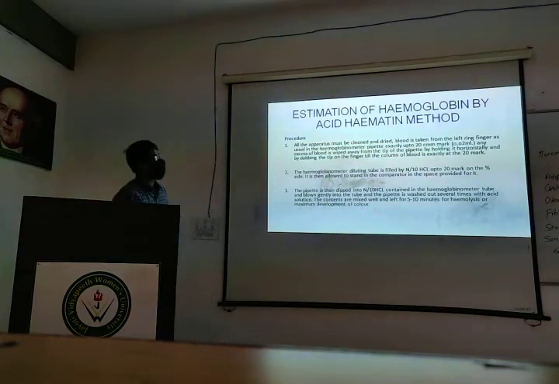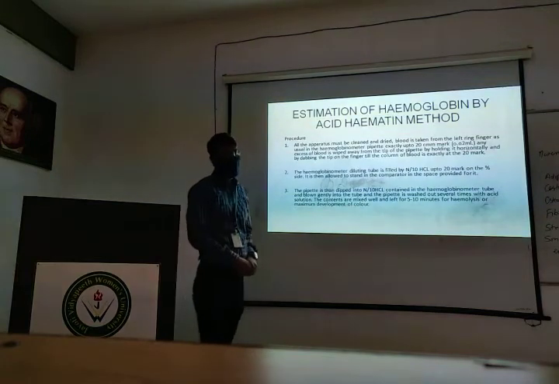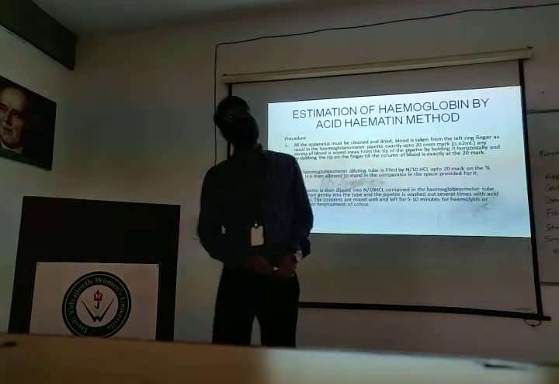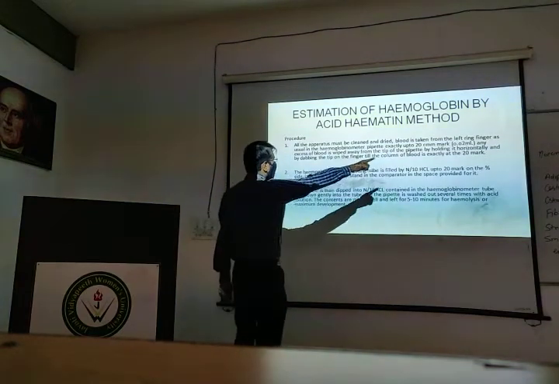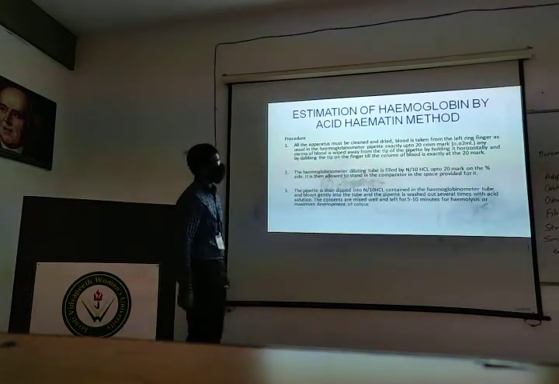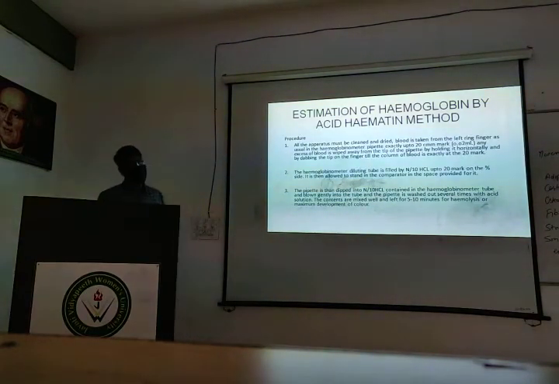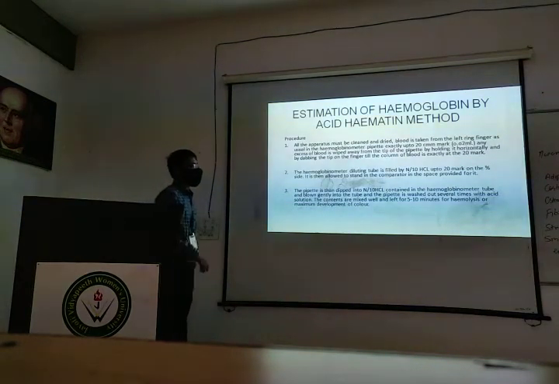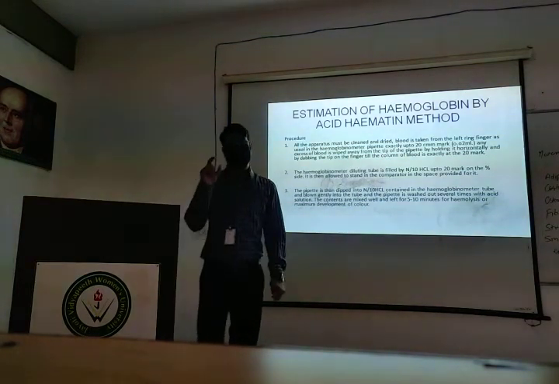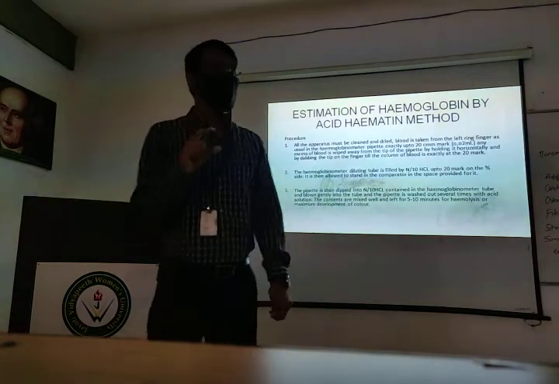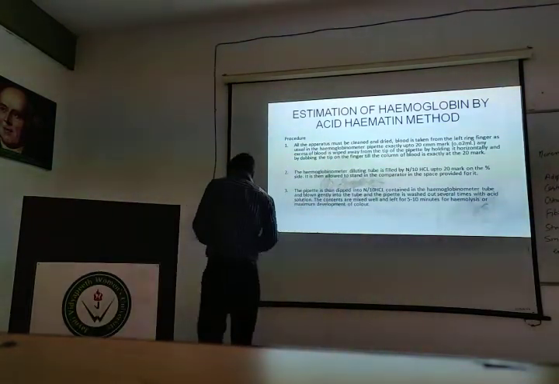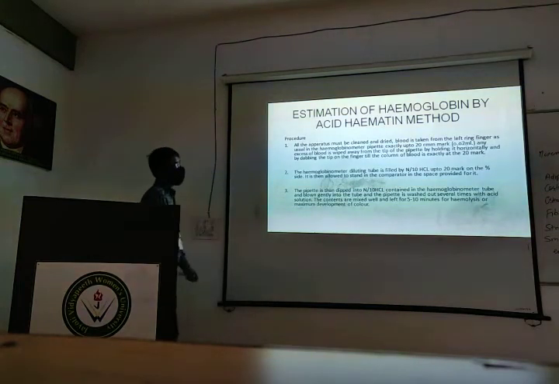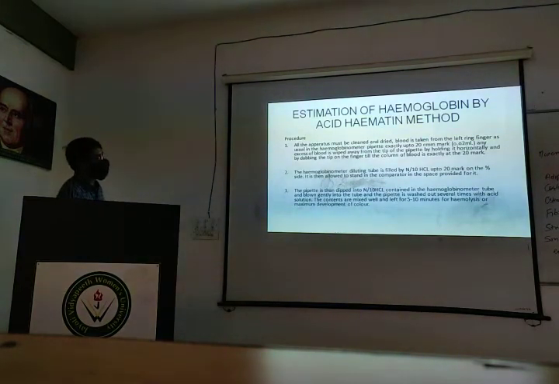So if excess blood comes into the hemoglobin pipette, we have to wipe the excess blood out by holding it horizontally and dabbing the tip on the finger, until the column exactly matches the 20 mark.